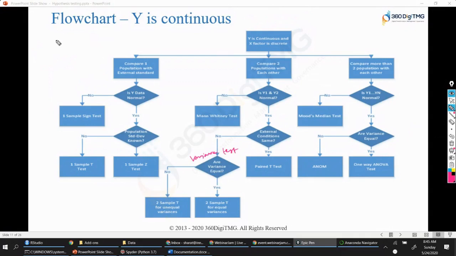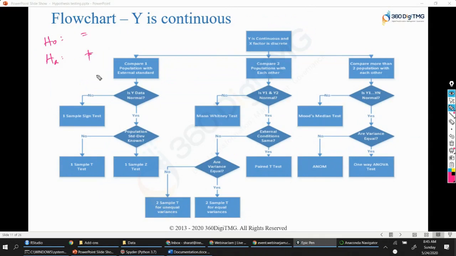So we are looking at whether the spread of the data between the two samples are similar. On an average, you have a mean, but is the spread from that mean, is it similar or not? Right? So that's what we are basically verifying. And the variance test, null hypothesis and alternative hypothesis basically say equal or not equal.